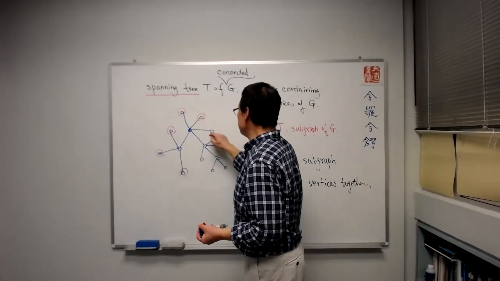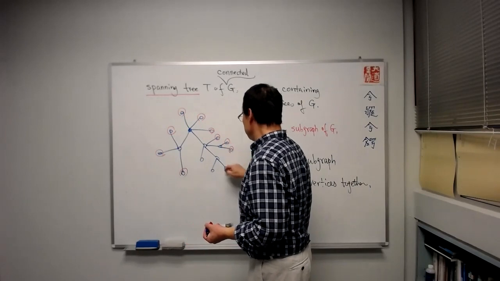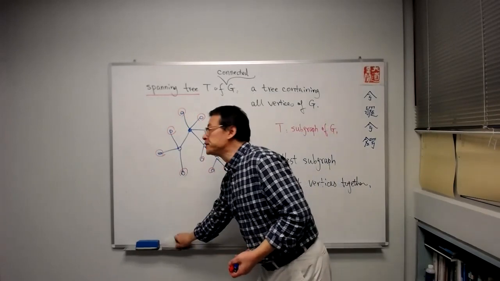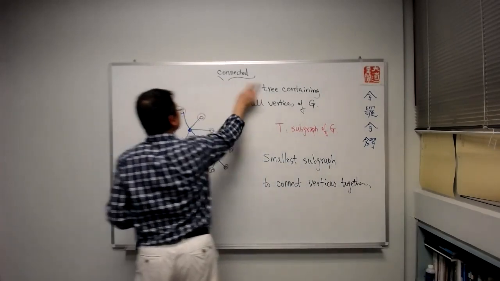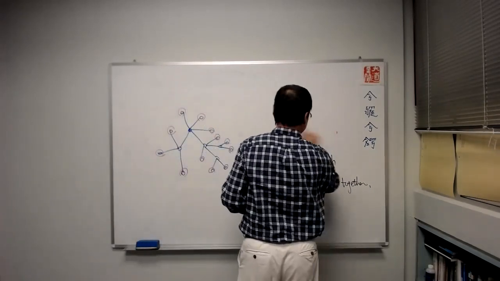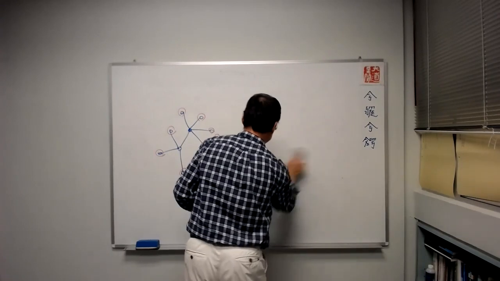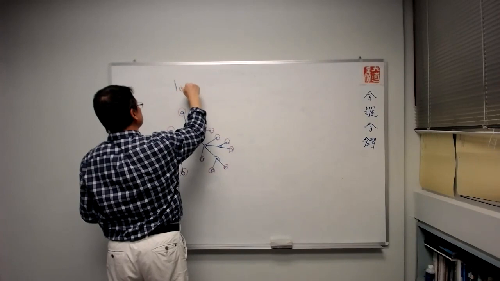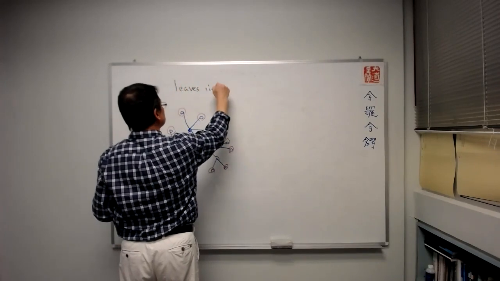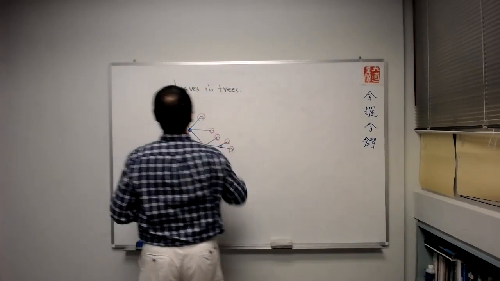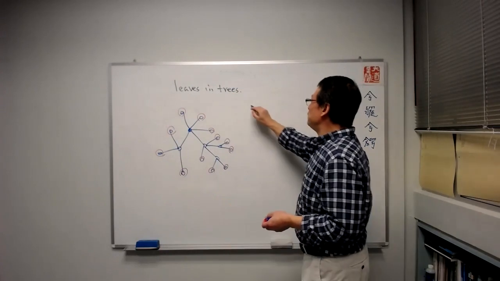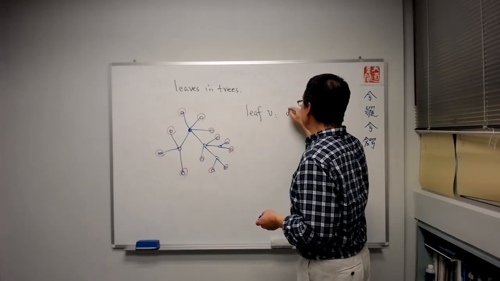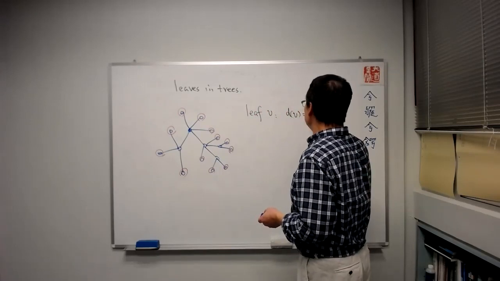So these are vertices of degree 1. These are called the leaves. A vertex is called a leaf if its degree is 1.